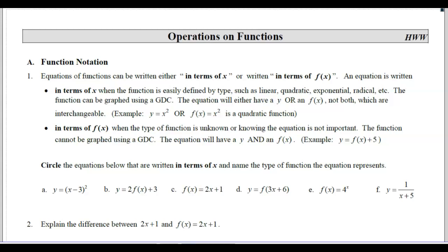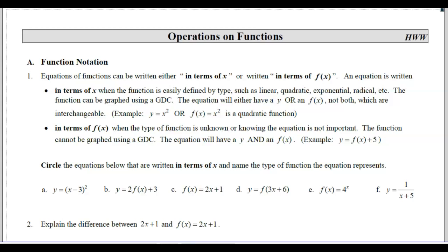If we're writing a function in terms of f of x, then that means we don't necessarily know what f of x is. We just know we are supposed to graph it or do some work with it. And so it's sort of a generalization of a function. Okay, so we use that when we don't know what the equation is. But maybe we're doing some transformations and that kind of thing. So it will have a y and it will have an f of x.